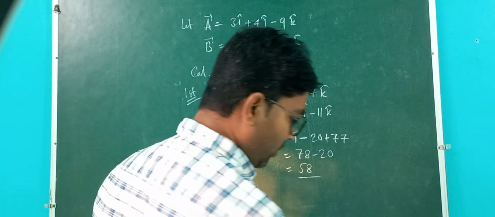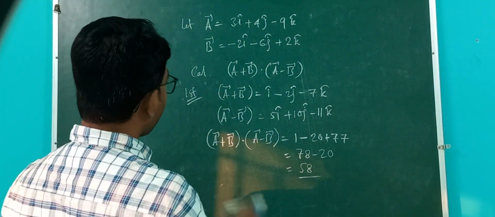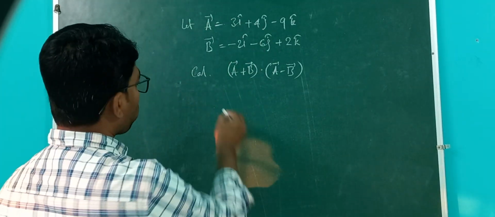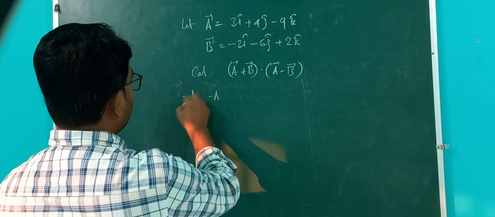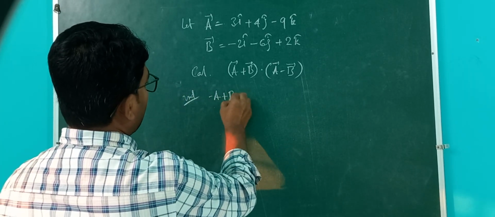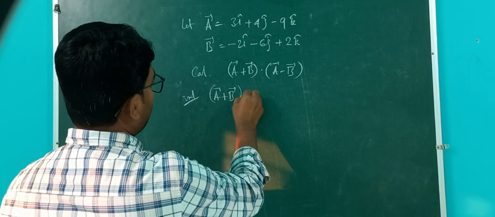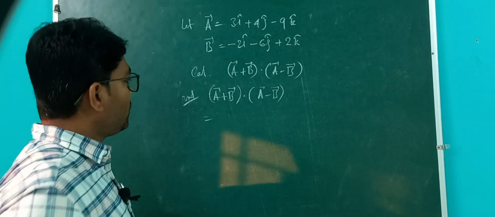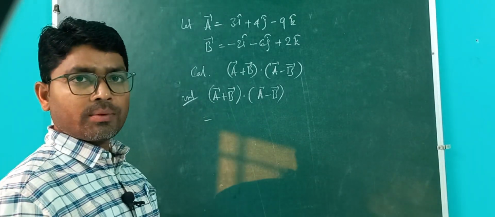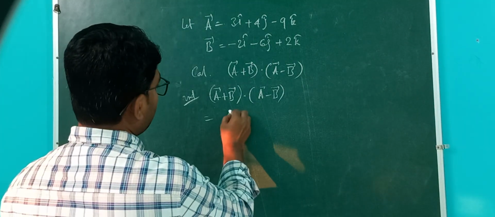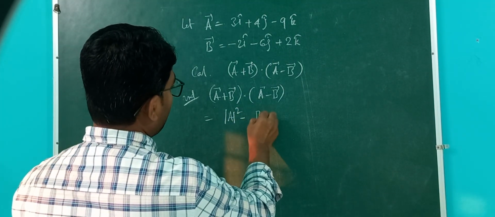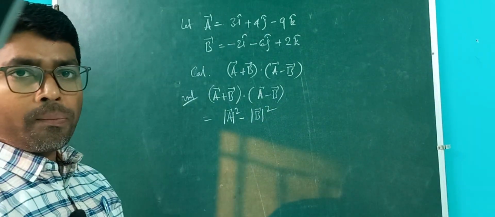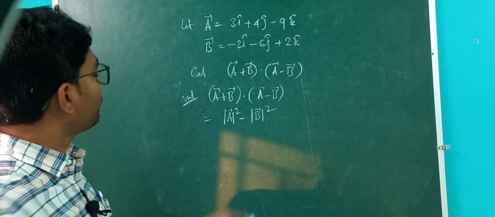Another calculation can be done this way, the second method: A plus B dot A minus B. You see, this is an algebraic formula, A plus B into A minus B, and this equals mod of A squared minus mod of B squared. What is mod of A?